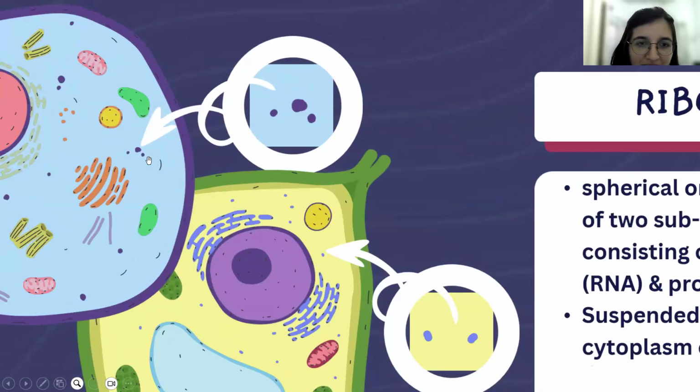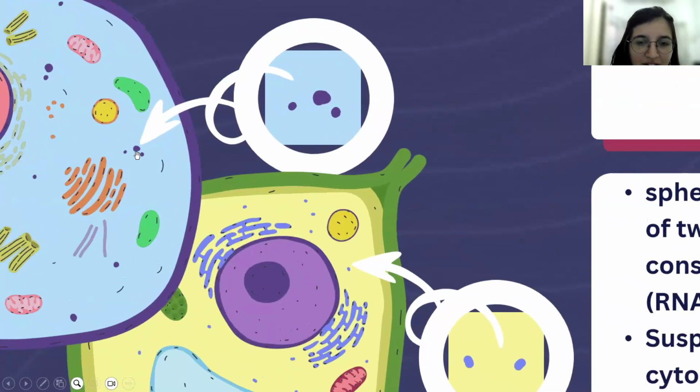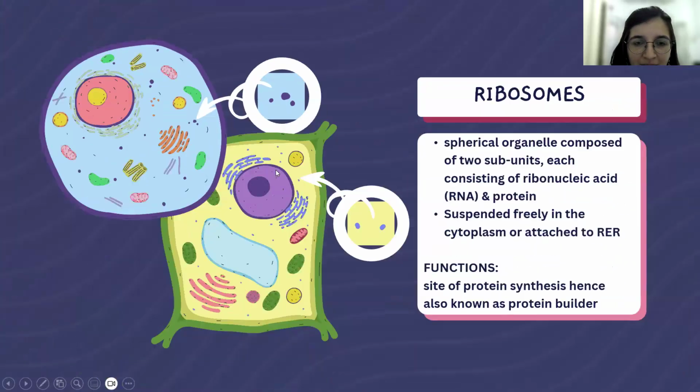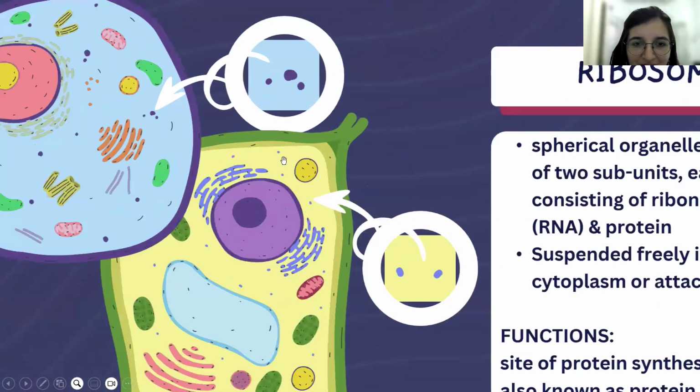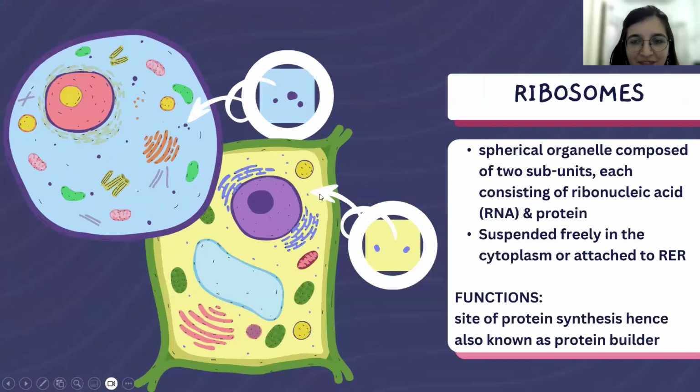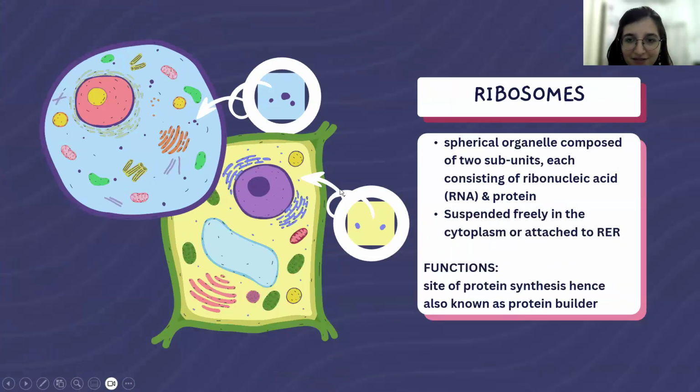I've tried to zoom them in here, but these small dots, both in animal cells and plant cells. See these random dots here and there. These are actually spherical organelles composed of two subunits. So each ribosome has two units that make one ribosome. This is the top part and the lower part, and together we call it a ribosome.